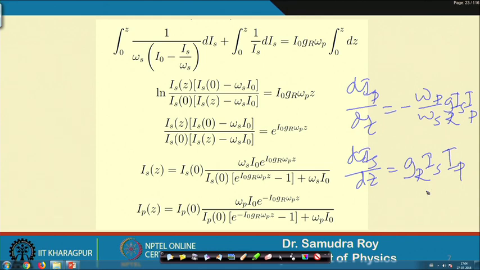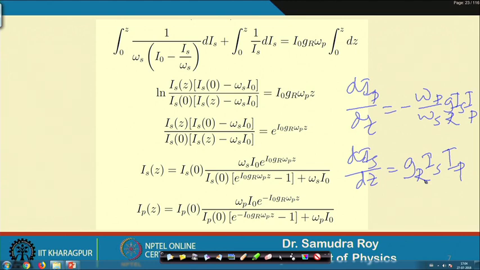You can solve these two coupled equations in a similar way, or since you have I_s in your hand, you just take a derivative of it and you can get I_p. So, I_p will be the derivative of I_s divided by g_r I_s. This is one way, but it is a bit complicated.